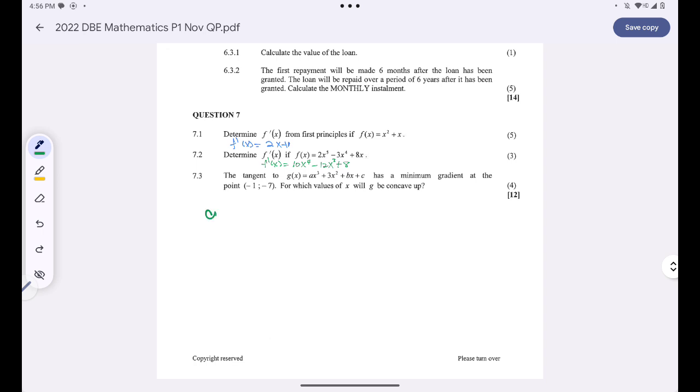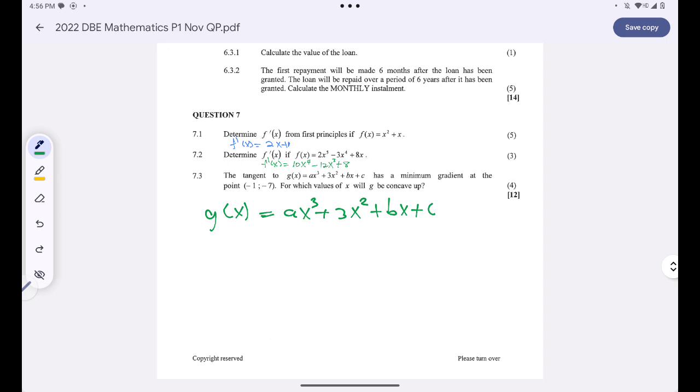Okay, since I'm given g of x to be equal to ax cubed plus 3x squared plus bx plus c, okay, the gradient of a tangent is always equal to the first derivative of a curve. Are you together?